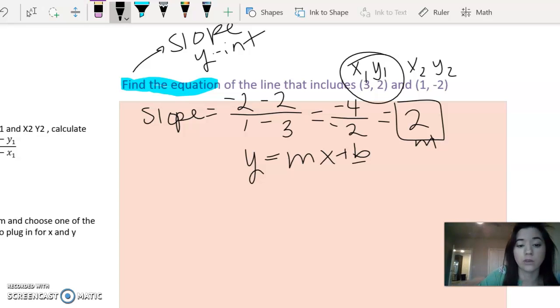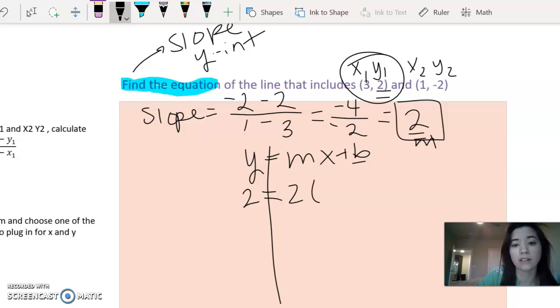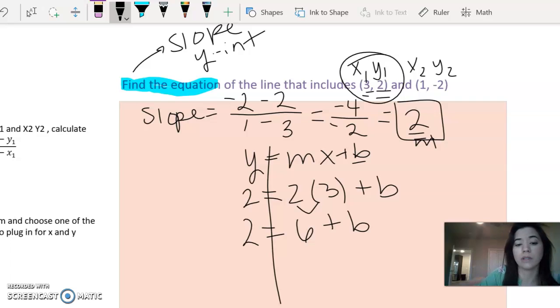So we're going to find what b is by plugging in all of these values. My y value is 2, my slope is 2, my x value is 3, plus b. We're going to multiply first to get 6. And now we subtract 6 from both sides. And we get b equals -4.